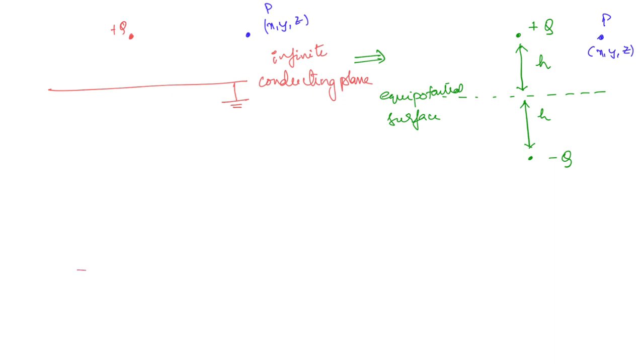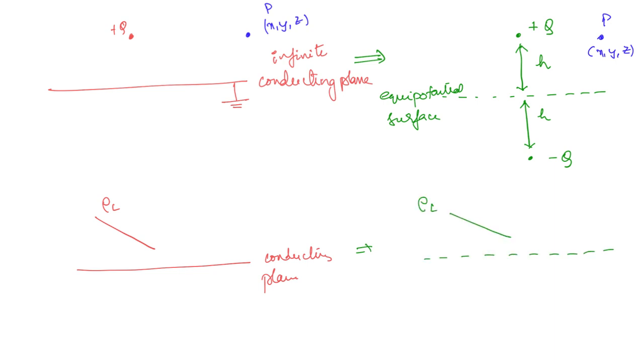For example, if there is a conducting plane like this and let us say there is a line charge, a uniform charge density rho L, then what is going to happen? On the other side, you just have to replace it with its image. So this is as it is, rho L, and just the image at equal distance.